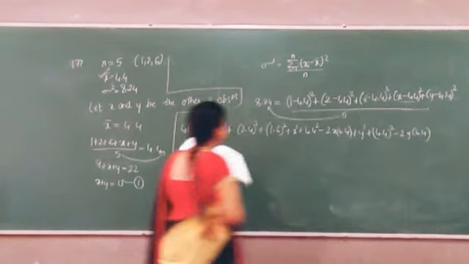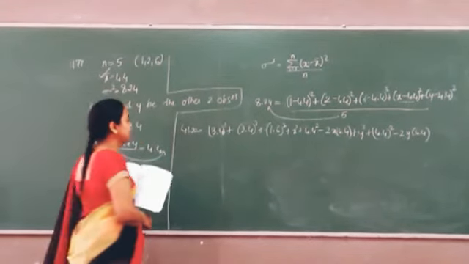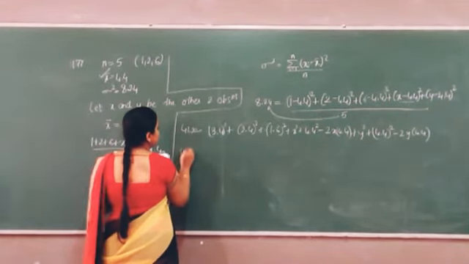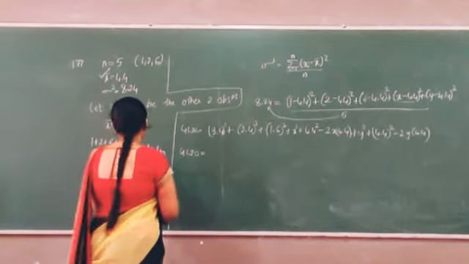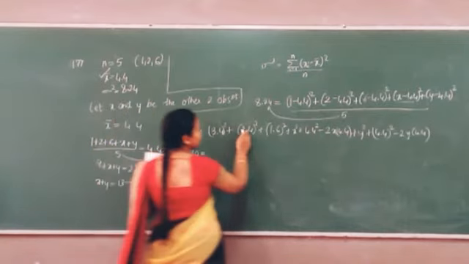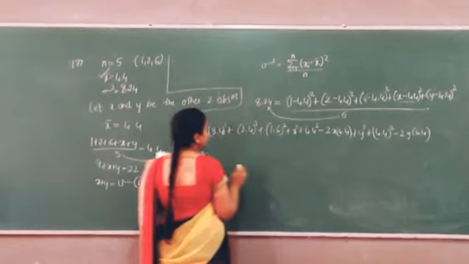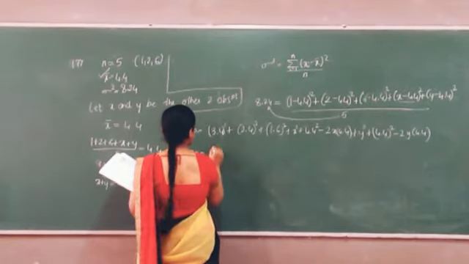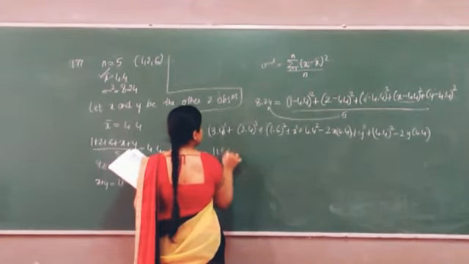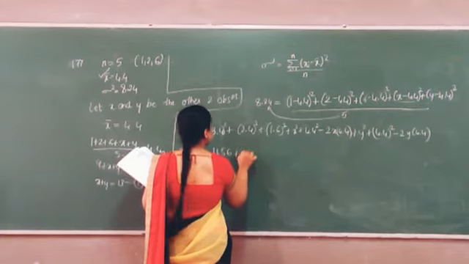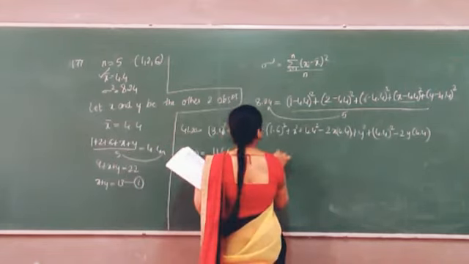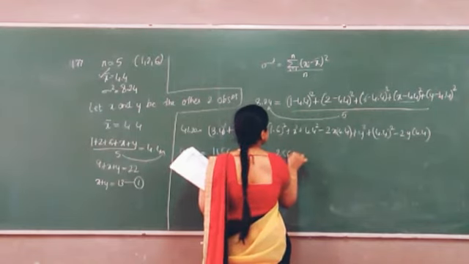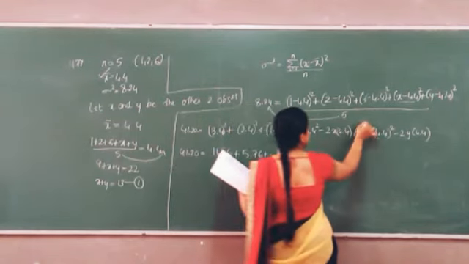So this is after the simplification. Now 41.20 is equal to 3.4 whole square. If you square each term, you will get 11.56 plus 5.76 plus 2.56 plus. Now we will group the like terms.